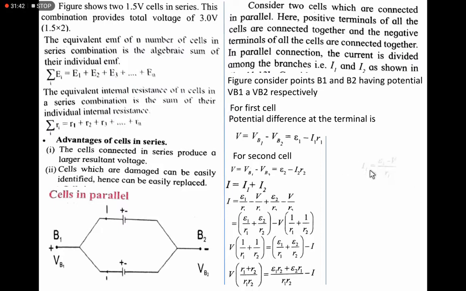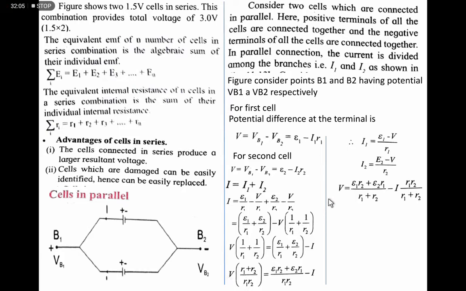For the current, okay, we'll write it this way. Then this bracket goes to the other side.